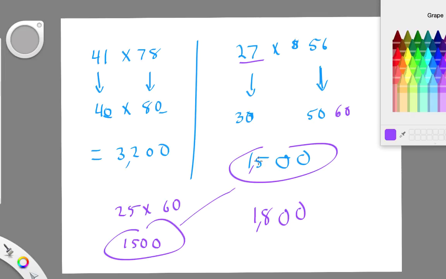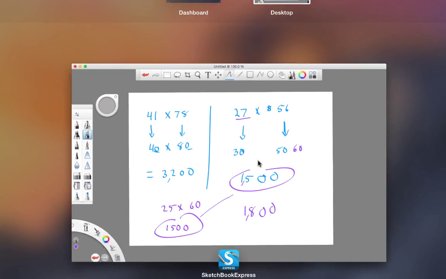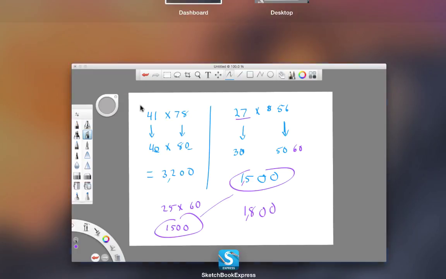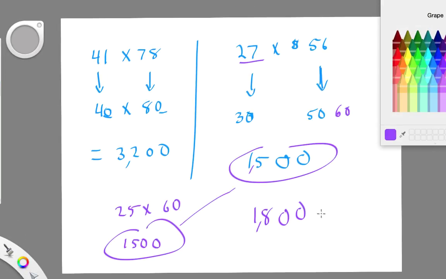If we go to our calculator, 27 times 56, I get 1,512. 1,512 is the actual answer.